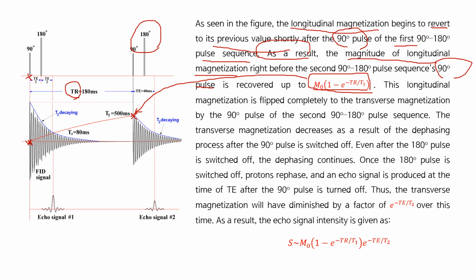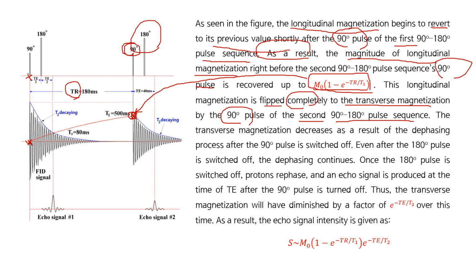This longitudinal magnetization is flipped completely to the transverse magnetization by the 90-degree pulse of the second spin echo pulse sequence. So at this moment, this recovered longitudinal magnetization is flipped to the transverse magnetization by this 90-degree pulse.